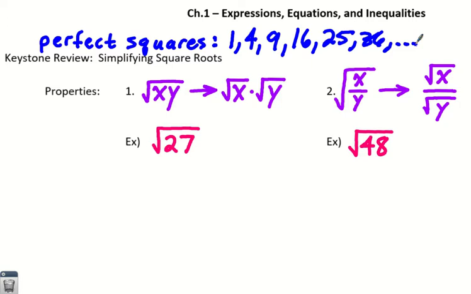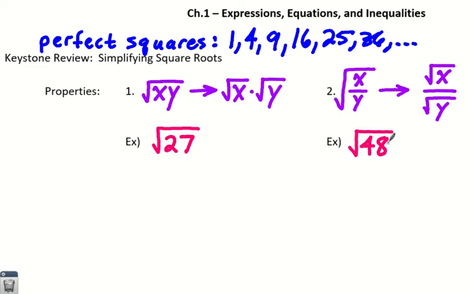So we're looking for all those numbers that you can take a clean square root of. And I'll say this even early on right away. What you want is to find the largest perfect square.